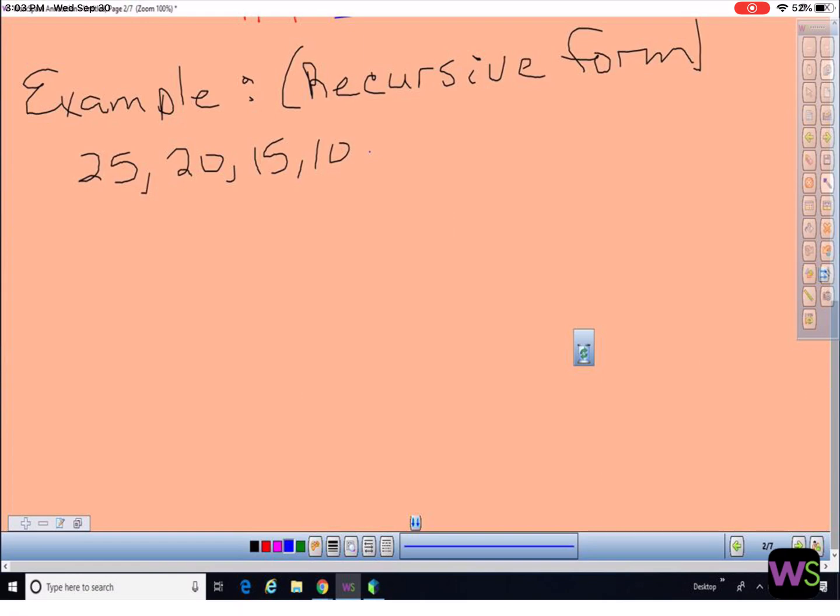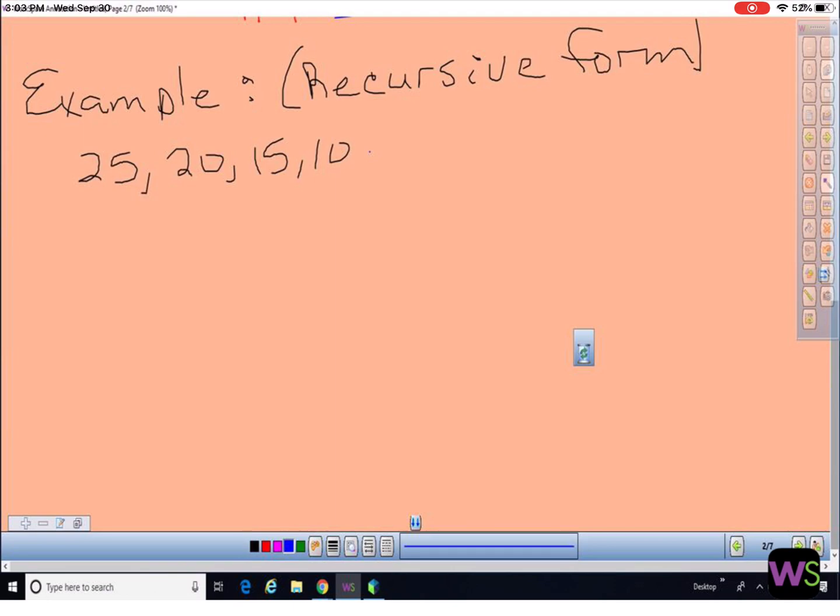So in this example, and this is the try it on page 32, they're giving me 25, 20, 15, 10. Basically, it's subtracting 5 each time, so it's going down 5.